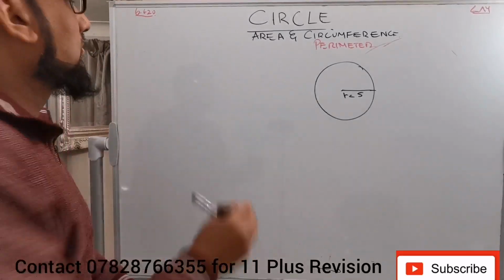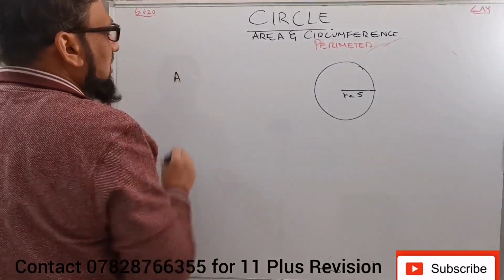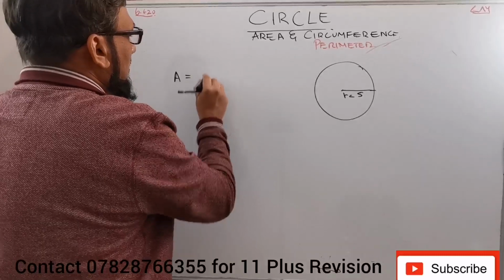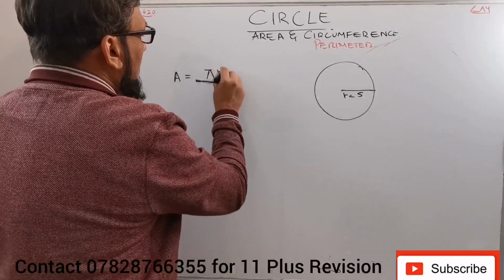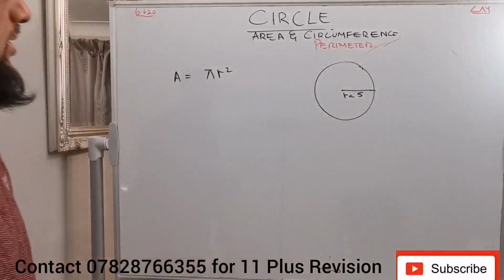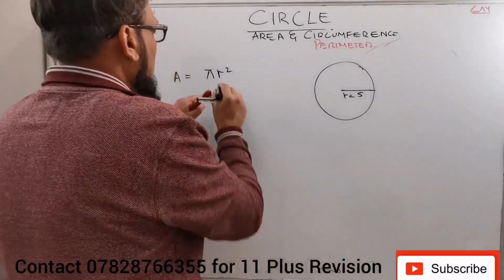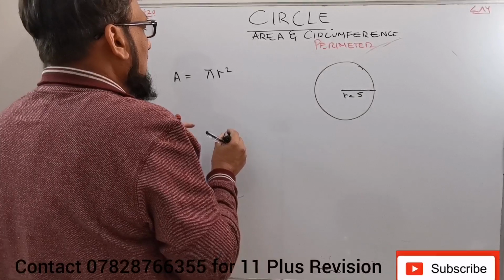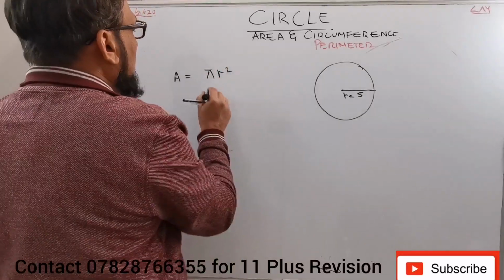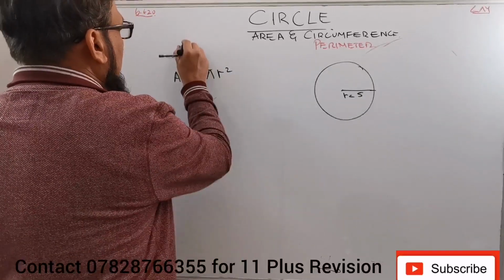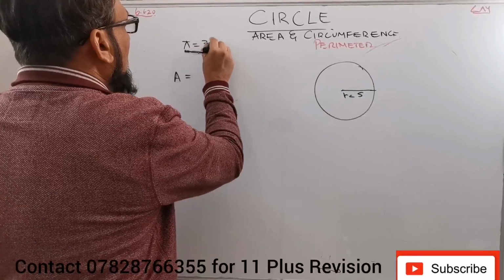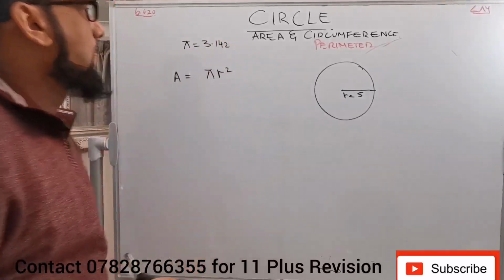The formula for the area of a circle is pi r square. The pi is a constant value which is given in an exam. The value for pi is 3.142.